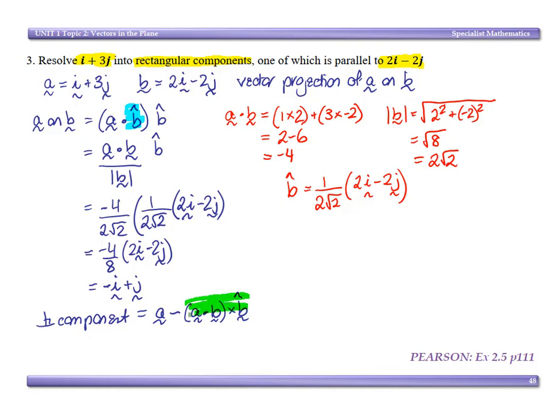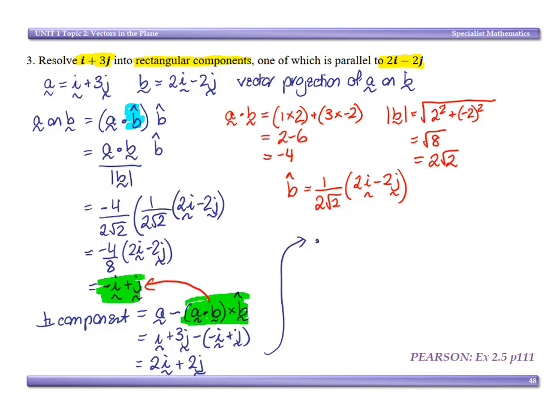So this here is that. So that becomes i plus 3j minus negative i plus j, which gives us 2i plus 2j.